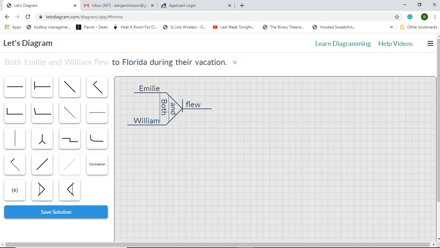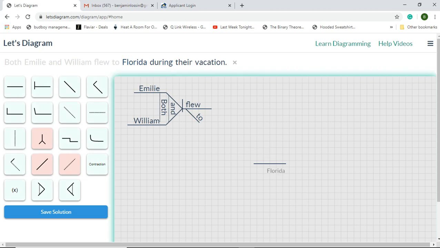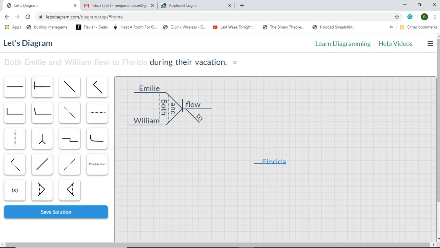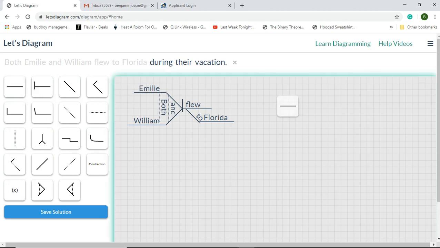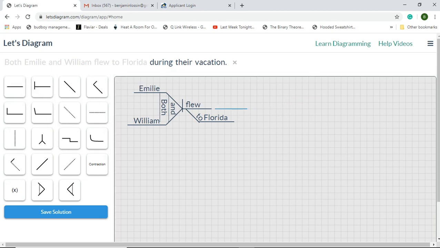Now if we come in here, to Florida is a prepositional phrase, and it is modifying our verb flew. They flew to Florida. The prepositional phrase is to Florida, to being the preposition, Florida being the object of the preposition. I've added a little longer line right here so we make it all fit.